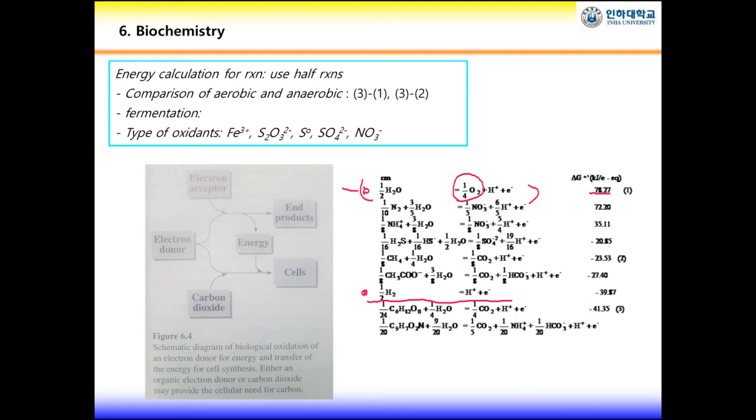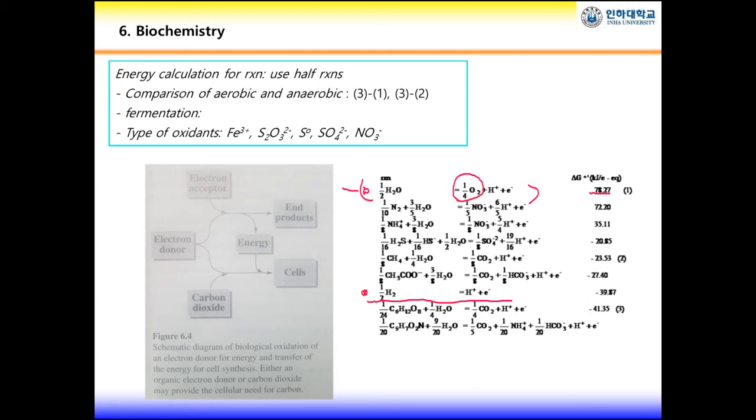So why do bacteria or microorganisms do the oxidation reduction reaction? The main single purpose of it is to produce cells, so to grow. The only reason is they mediate the oxidation reduction reaction to grow.